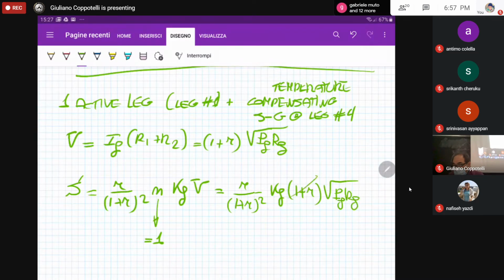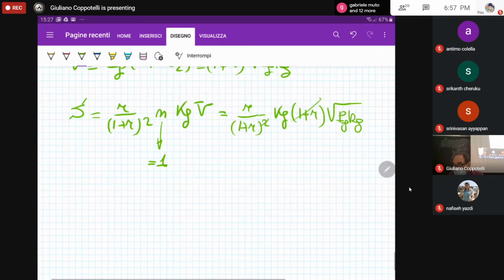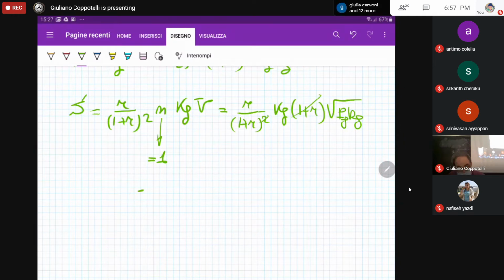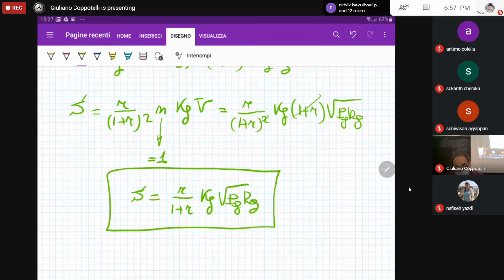We can simplify a little bit. So at the very end, what we got is that the sensitivity in this case is R over 1 plus R, here R kg root square PGRG. Okay.